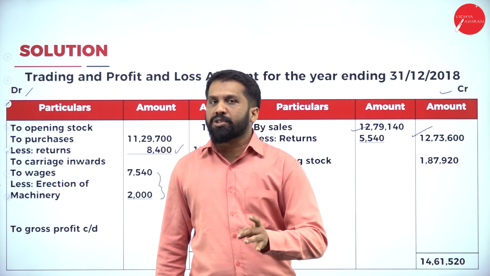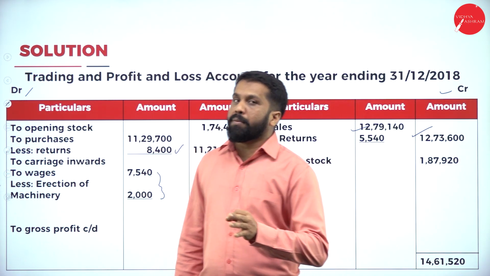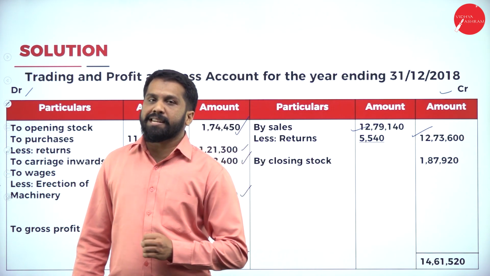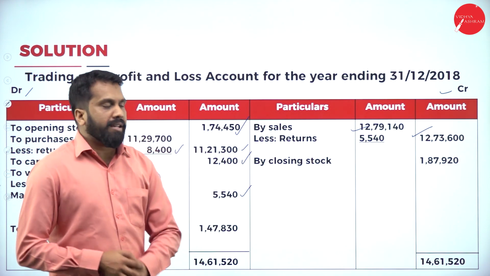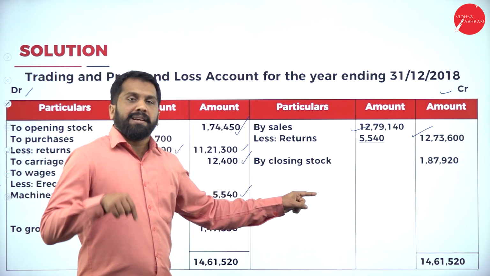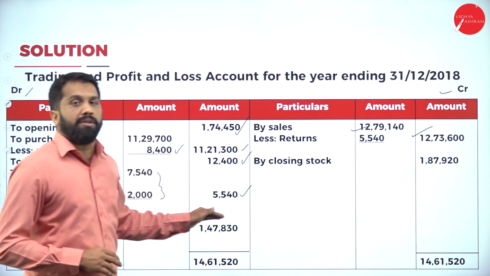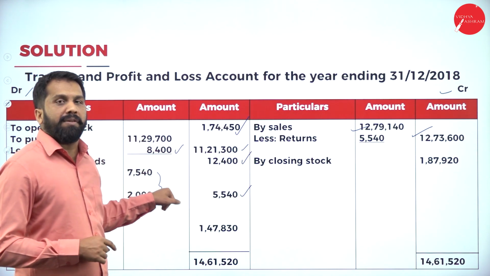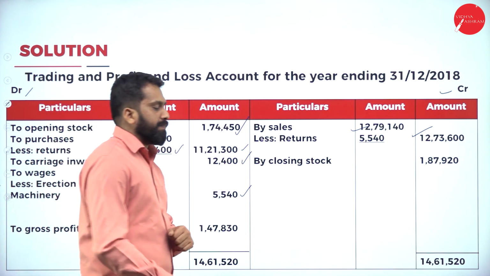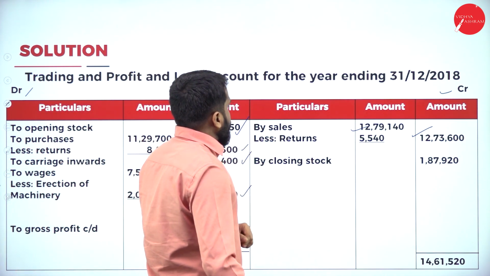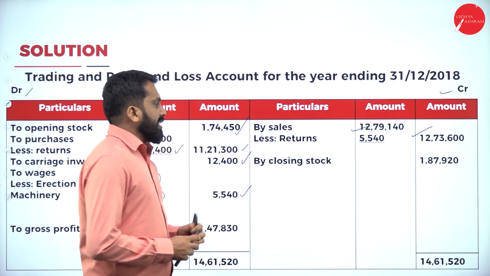You will get closing stock. You will get abnormal loss as goods destroyed. In this problem, we don't have goods destroyed or coal, gas and power, that's why we have not taken them. If it is not there, don't consider. Now, sales minus return is over. What is the next one?